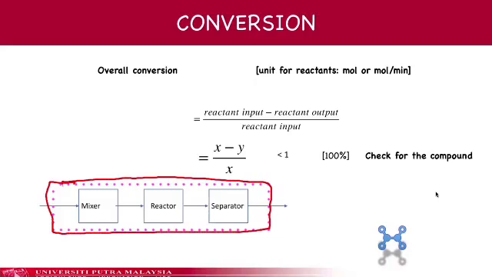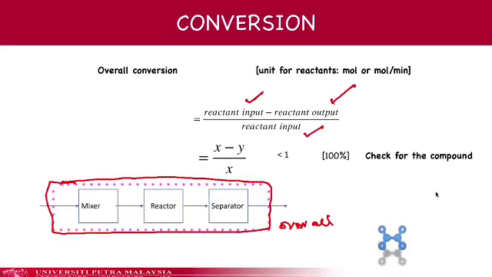The reactant input to the first unit minus the reactant output that comes out of the final unit, divided by the reactant input of the first unit, right? It's not around the reactor alone. It is for the whole process. That means if you are looking into the boundary analysis, the boundary is for the overall system.